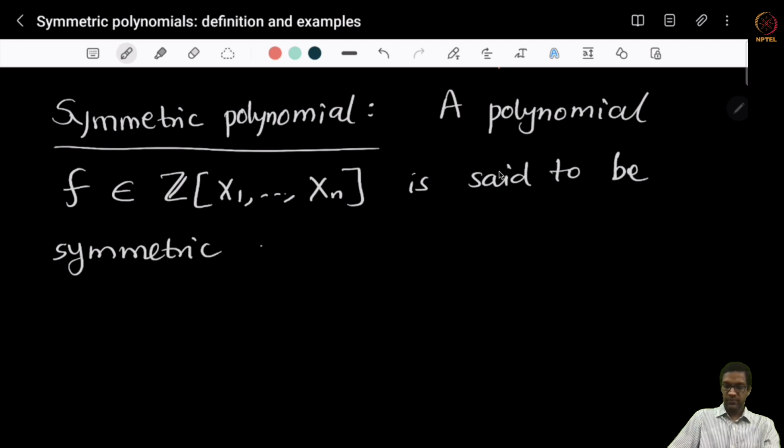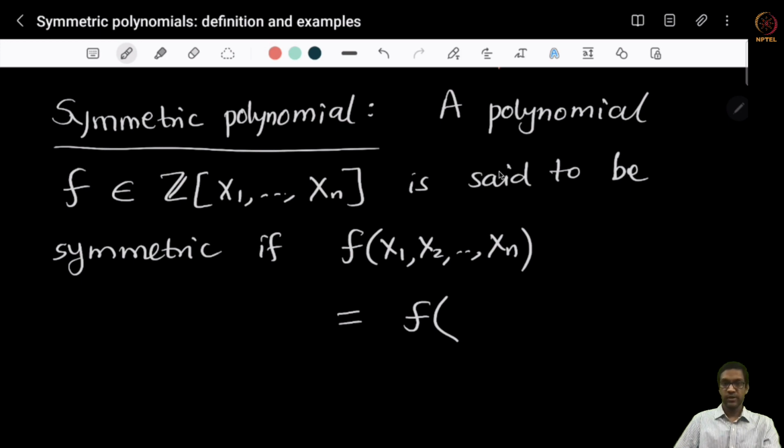Symmetric if the following holds: f of x1, x2, ..., xn is the same as f of any permutation of the variables. So if I change the order of the variables in any way I want, let's describe it as follows.